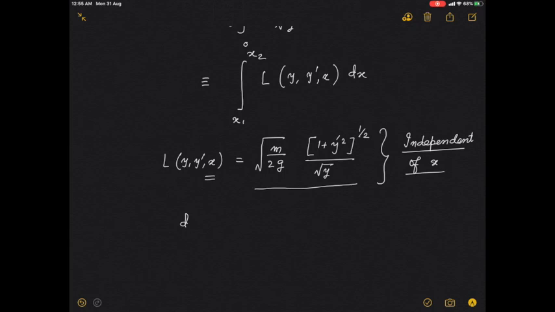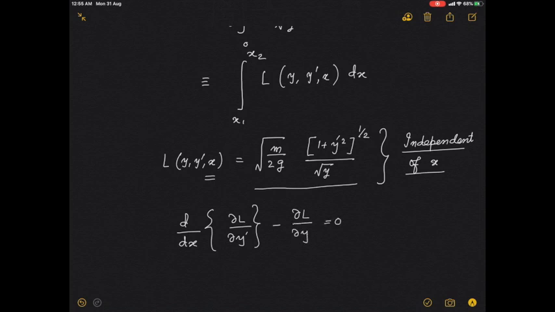What will be the Euler-Lagrange equation for this, by the way? It will be d/dx of del L del y prime minus del L del y equals 0. And if I solve this equation, I will get y as a function of x.